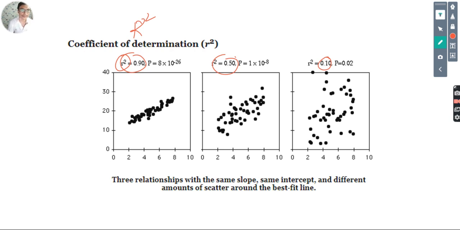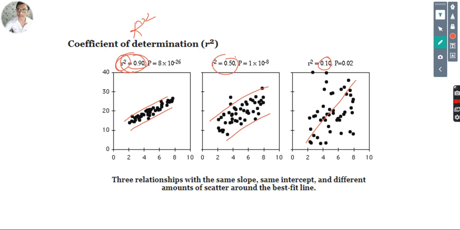Now, looking at the R square, you can see the pattern for 0.90, for 0.5, and for 0.10. This pattern itself is self-explanatory: you can assume or think of what the slope of the regression line would look like from looking at the R square.